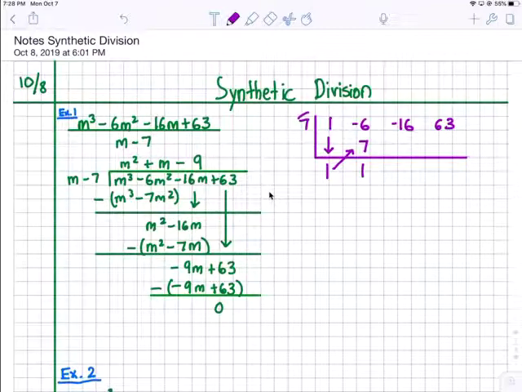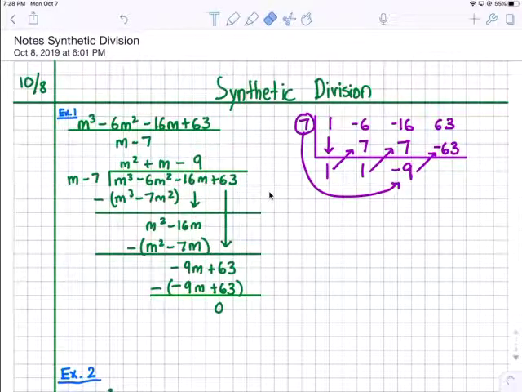Then 7 times 1 is 7, and we add -16 plus 7, which gives -9. Then 7 times -9 is -63. And then we add. Once we add the last coefficient, we are done.